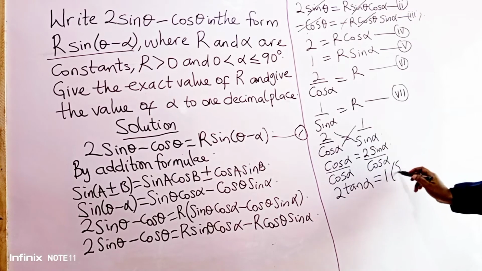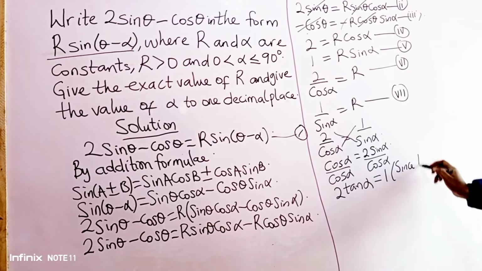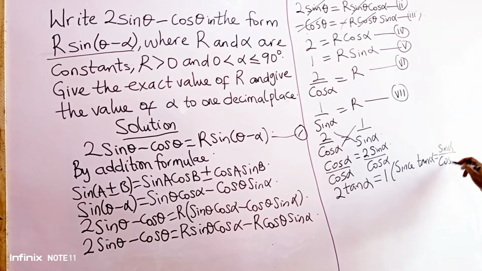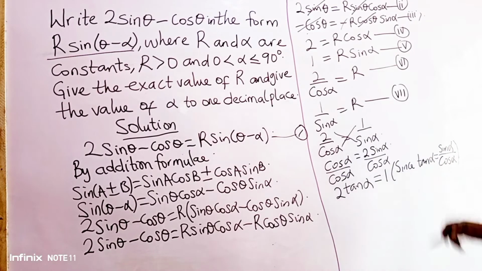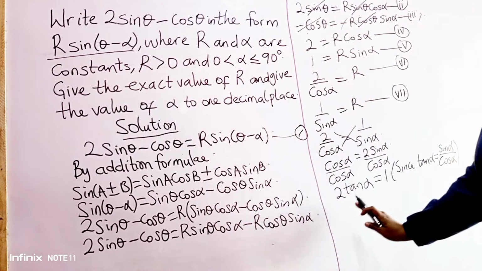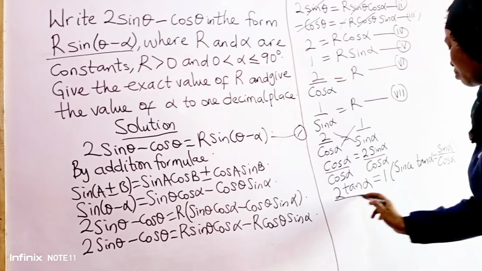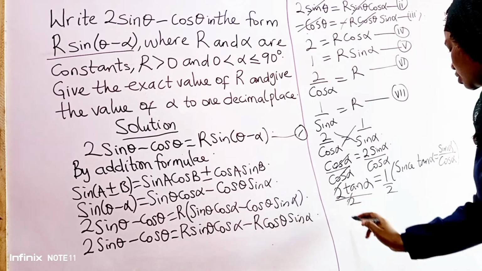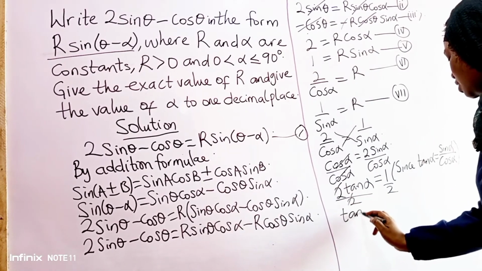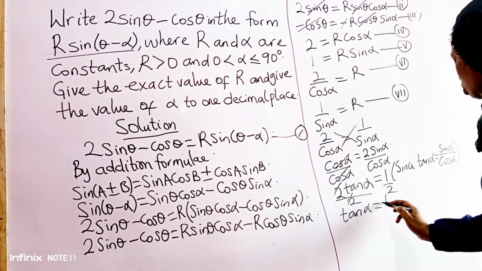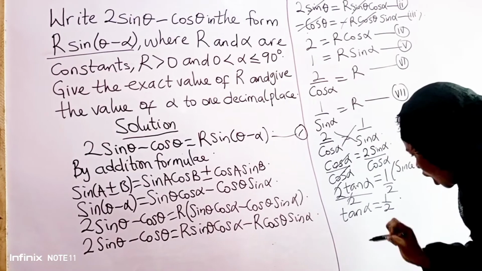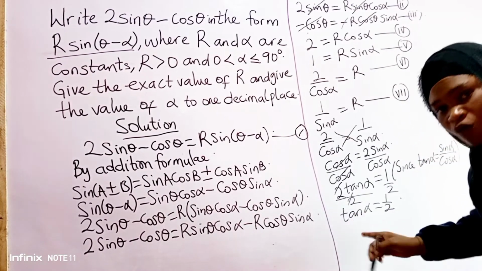Now, since tan α is equal to sin α over cos α, I can make tan α the subject by dividing both sides by 2. So the 2 cancels, and I have tan α is equal to 1 over 2. To find α, I will take the inverse tan of both sides.